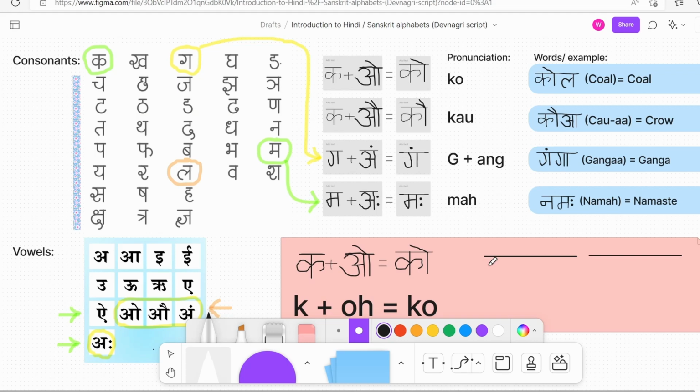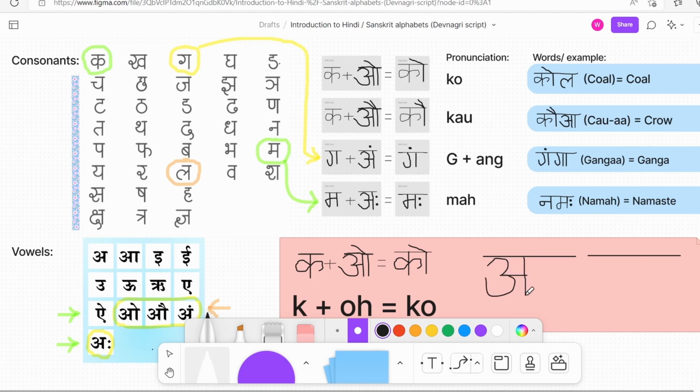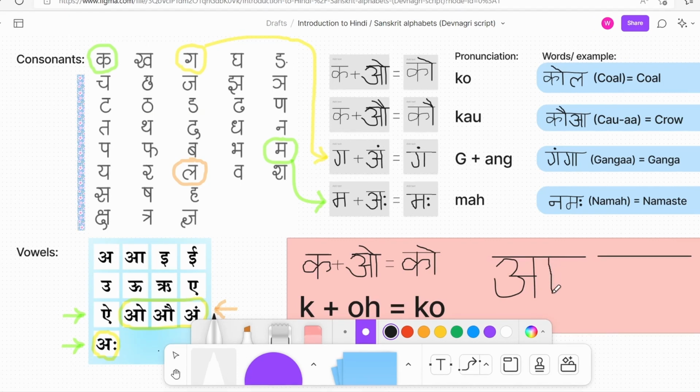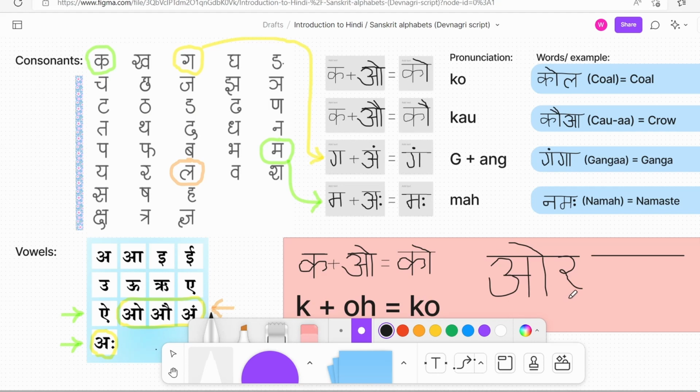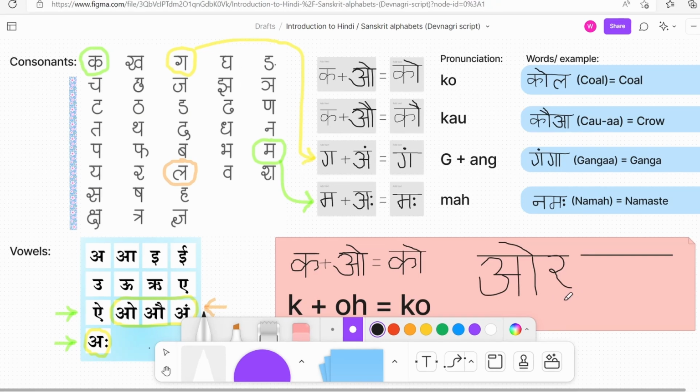The vowel O can also be used without any consonant. For example, a word, O, ra, it means towards.